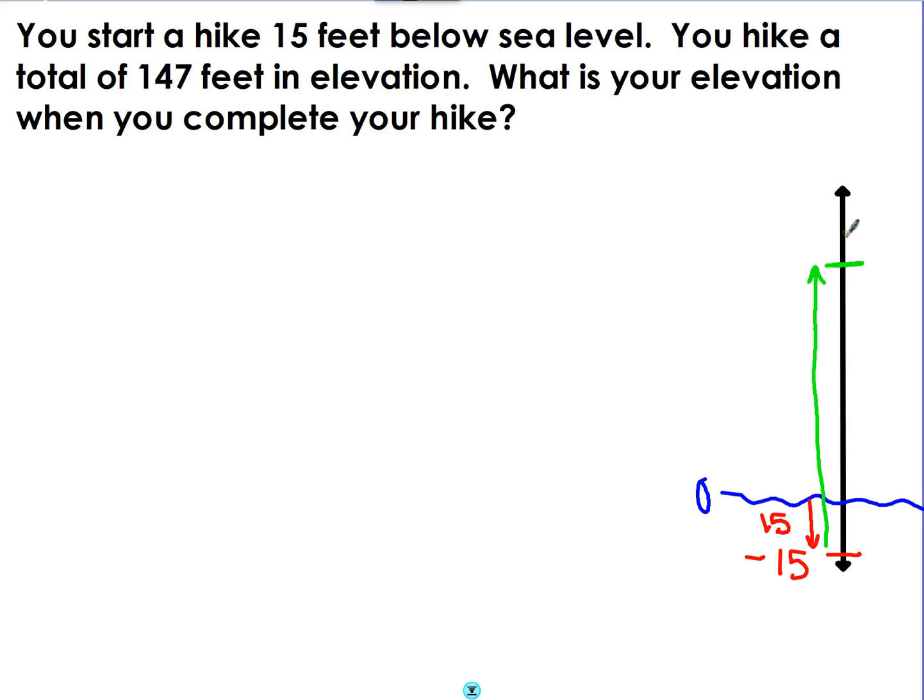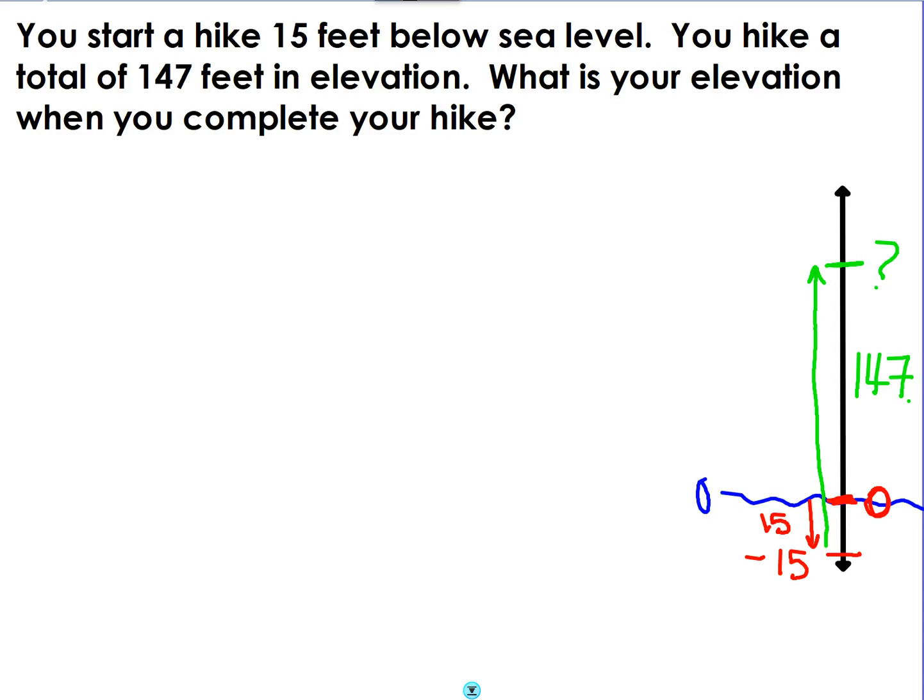So what you don't know is where I end up, but you do know that this green hike is 147 feet. So what is the elevation when you complete your hike? If I actually want to know the number on the number line, and we consider this 0, then you can just use the direction.